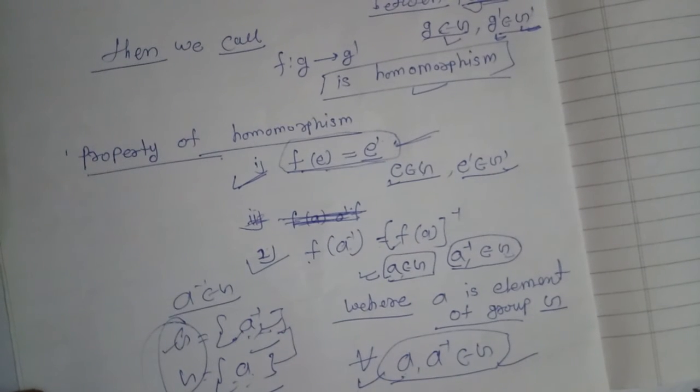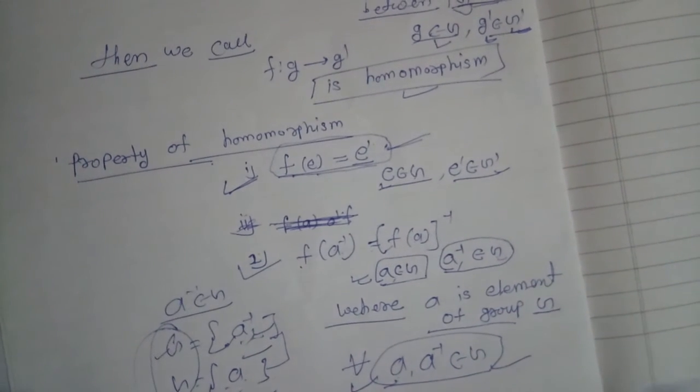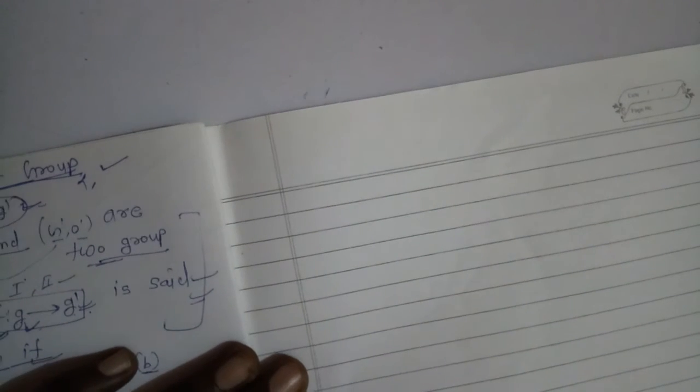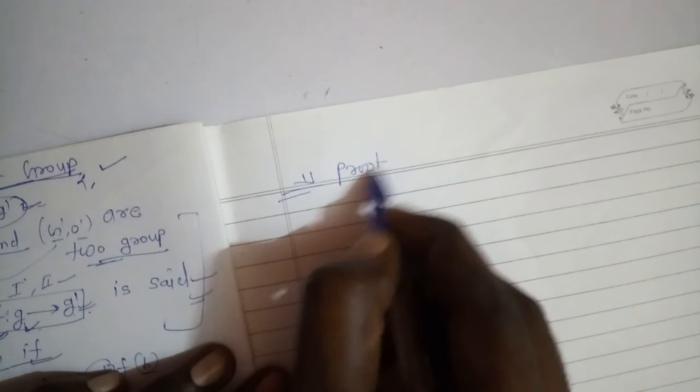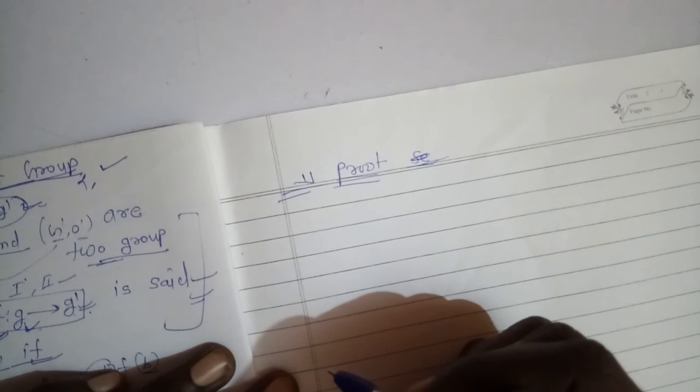Okay, so let's see, we will prove these properties. First property proof. See students, what is the first property?